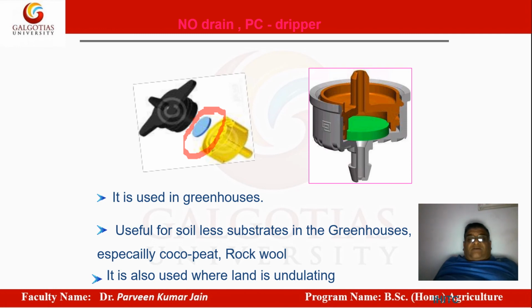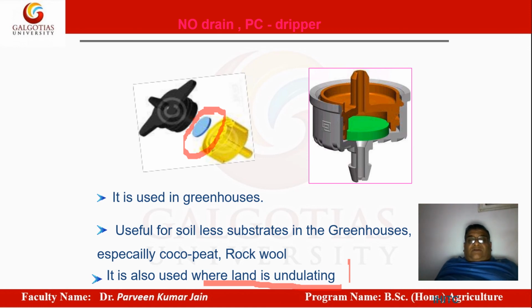So these kinds of drippers play a very important role where the land is undulating, and especially in hill areas. The plant at the lowest point in the hill may get more irrigation water with an ordinary dripper, but the top-level plant may not get the water.